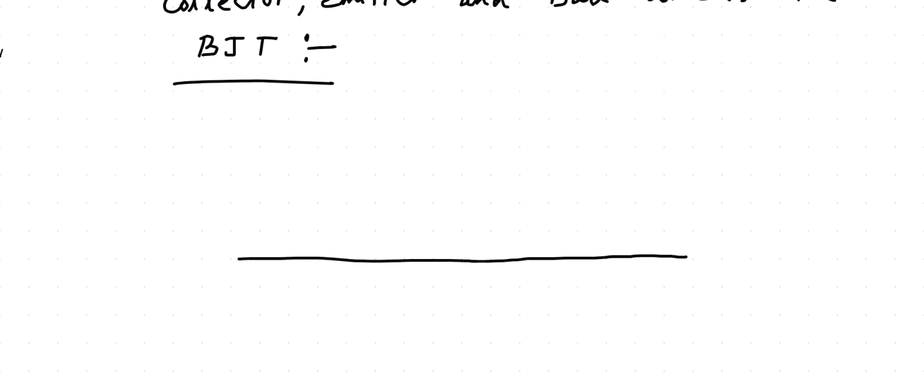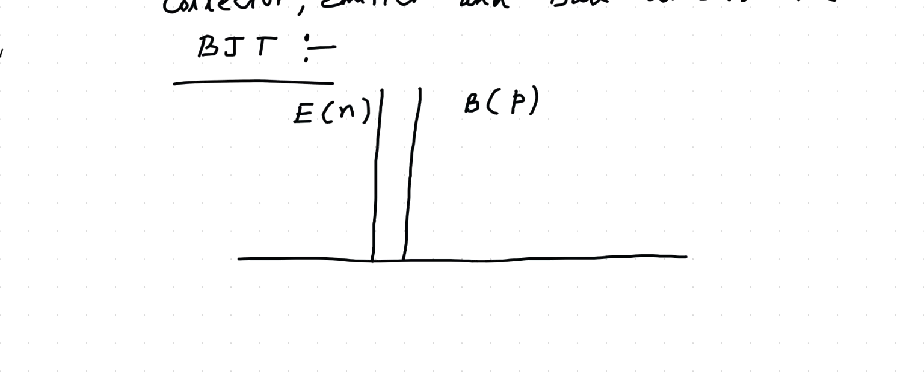Suppose this is our emitter region, which is N in an NPN transistor. This is the space charge width, the boundary between emitter and base. Base is made up of P. Then we have the space charge region between base and collector. Then we have the collector, which is made up of N type material.